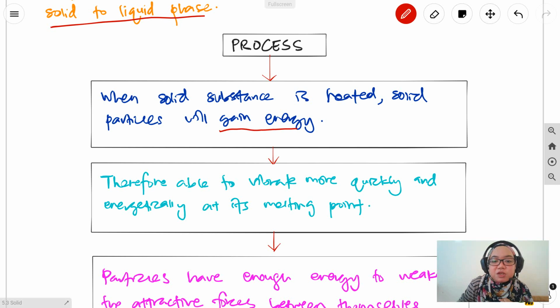So what happens when solid particles gain energy? They will be able to vibrate more quickly and energetically at its melting point. Okay, because they have gained energy from the heat, their kinetic energy increases, so they are able to vibrate more quickly and energetically at its melting point.